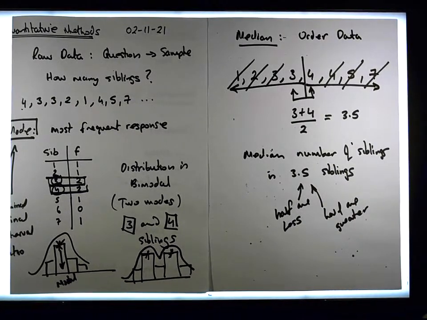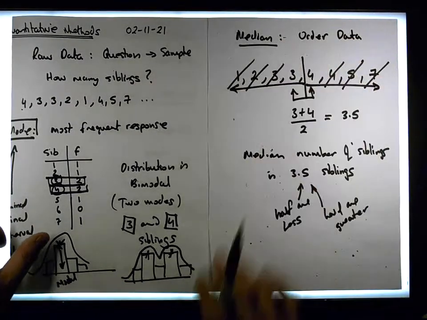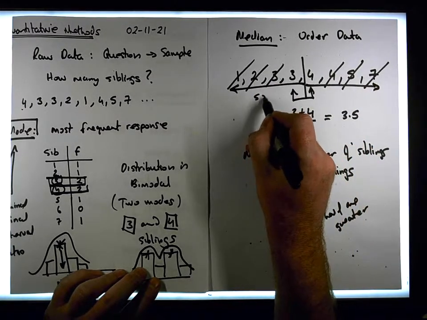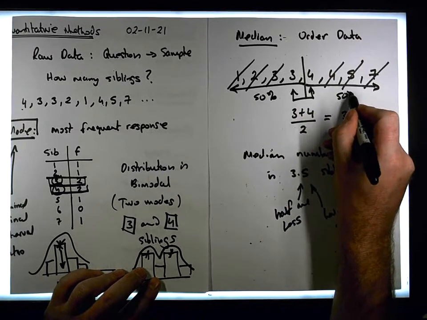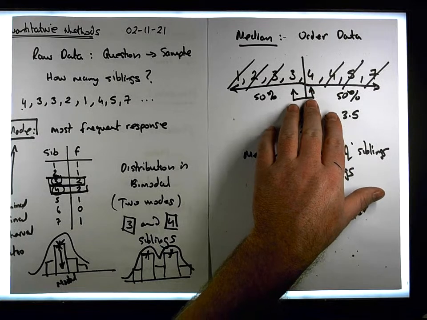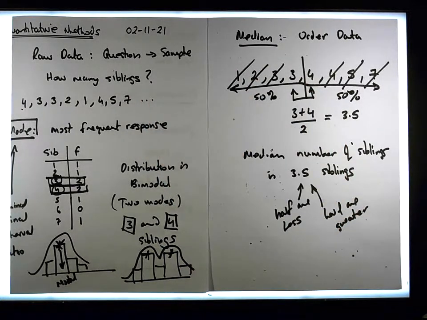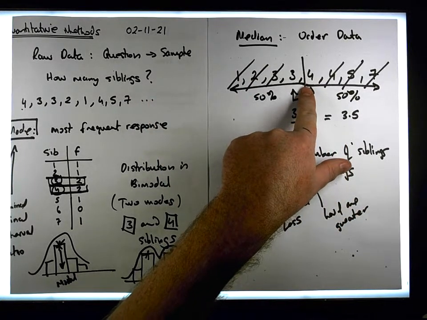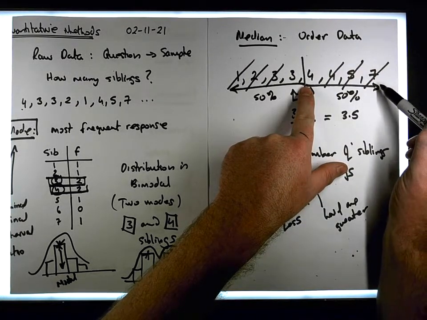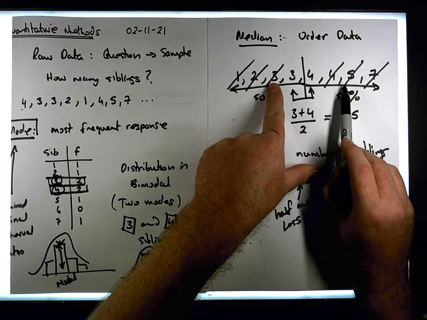Now while we're on this concept of the median splitting the data up into 50% less than it and 50% greater than it, it's probably nice to go off on a side and look at something else. Instead of breaking the data up into 50% less and 50% greater, what if we divided it up into quarters?